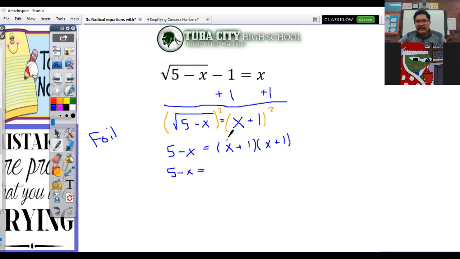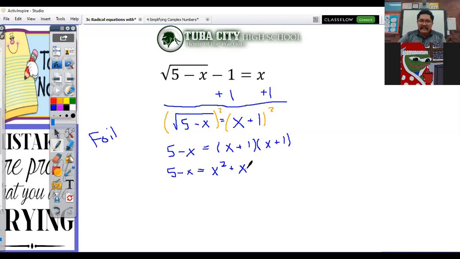So remember, FOIL: first numbers, the first number in each group, which is x times x, which gives us x squared. Outside numbers: x times 1. In this case it would be 1x, but I don't really need to put the 1 in front of it because anytime you see a variable by itself, it's just 1.